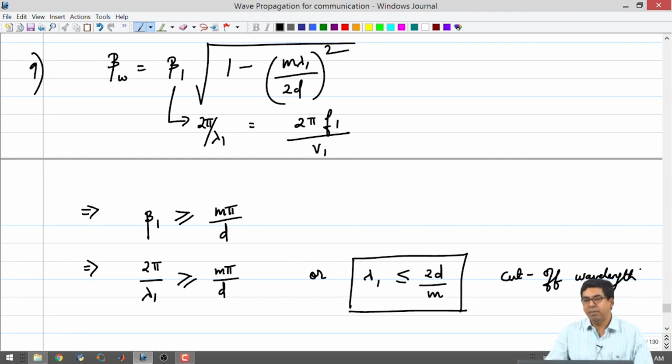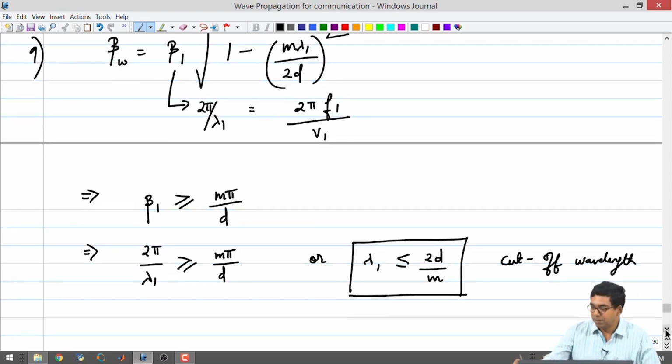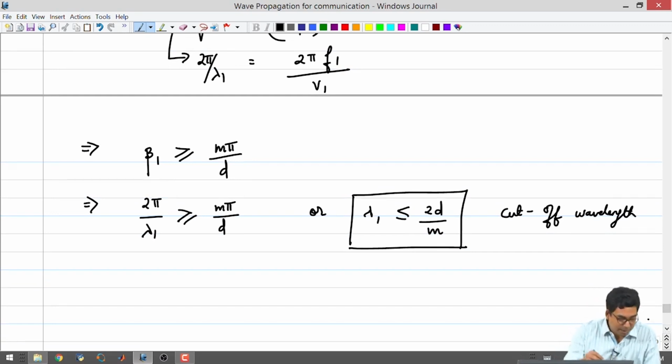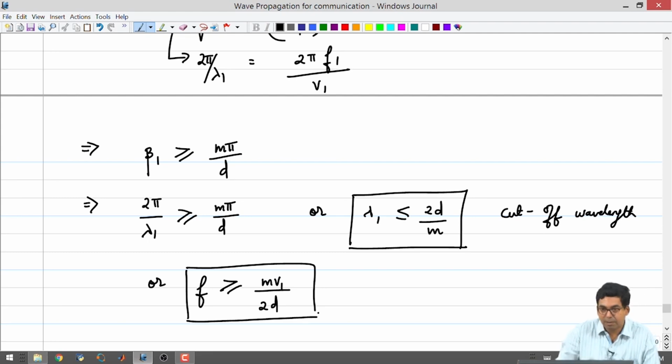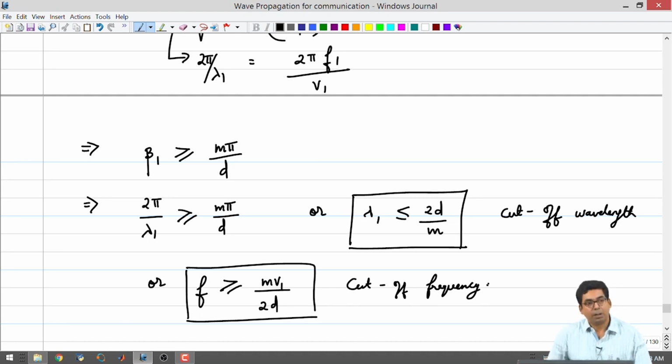The term cutoff wavelength is usually not very popular, right. The signal processing community usually talks about frequencies, okay. So, you can always convert this to frequency, where V1 is the velocity in the homogeneous medium, right. So, this becomes the cutoff frequency.